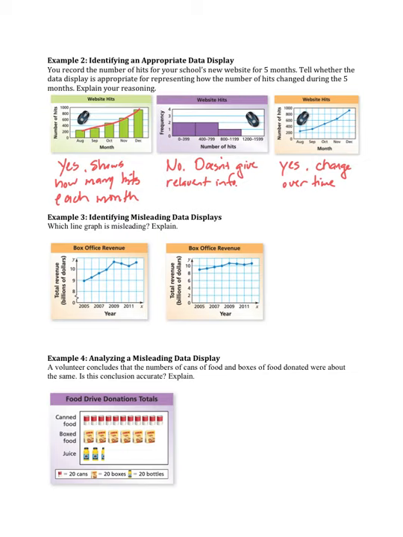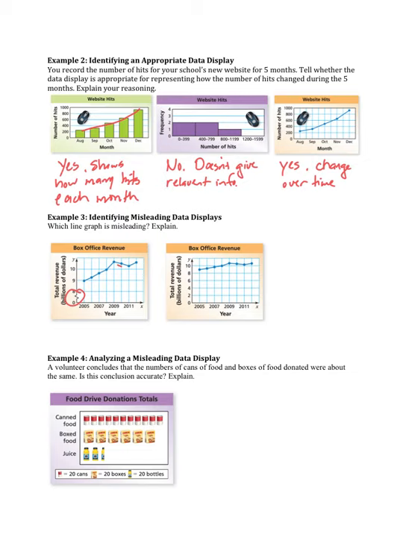All right, next in our third example, we're going to look at which line graph is misleading. So here we have box office revenue over time, and we see, ooh, we have this huge jump here from 2005 to 2009, and then it kind of stays high. But then when I look at the second one, I see, you know what, it really wasn't that huge of a jump after all. Here's the problem.